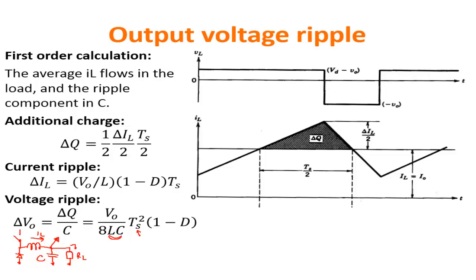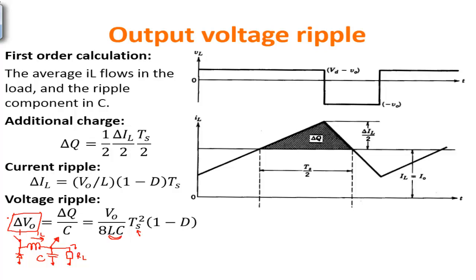and when I have delta Q I can compute the ripple delta VO, which is delta Q over C. This delta V, this is not 0, this is O. Delta VO is the variation in the output voltage, which is of course called voltage ripple.